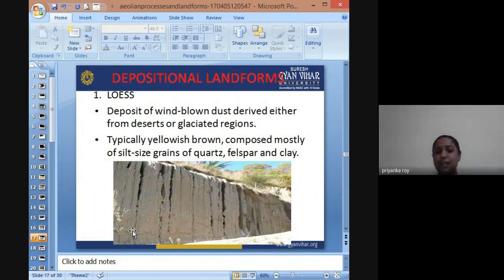These are typically yellowish brown, composed of mostly silt size grains, meaning very fine size grains, of quartz, feldspar, and clay. So it has a very fine texture. If you take the soil of that region, you will find the texture will be much finer as compared to areas having sand dunes.